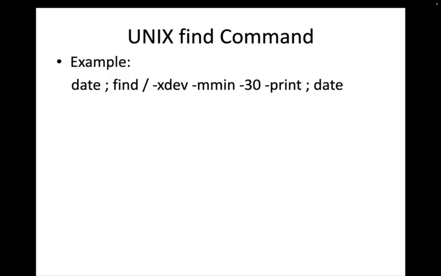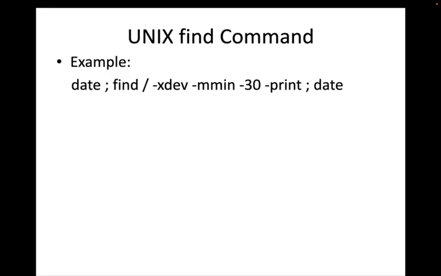mtime is in days. Sometimes you want to be more granular than that. So most modern finds have -mmin. So it is basically modified time, but it's in minutes instead of days.